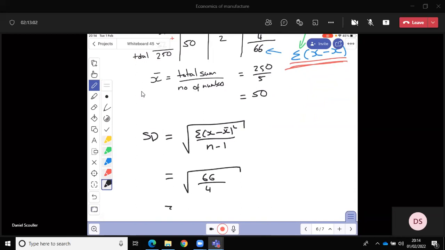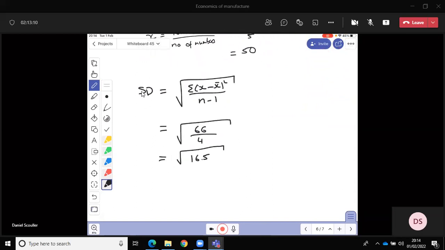So here's the root of 16.5 if you want to work that out. Which gives us 4.062, and that continues on. Now remember units.